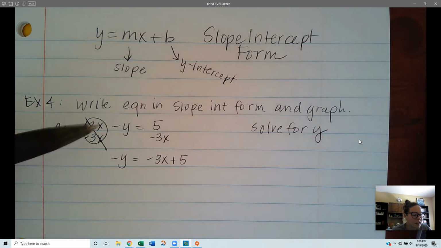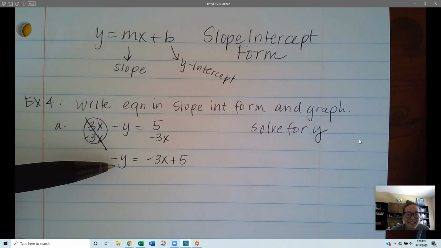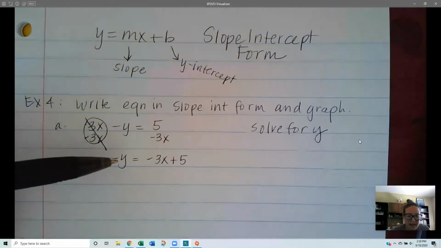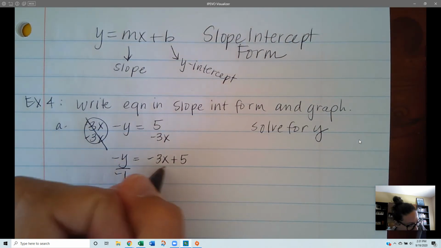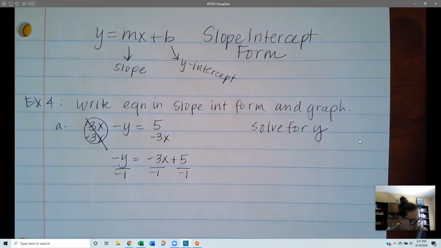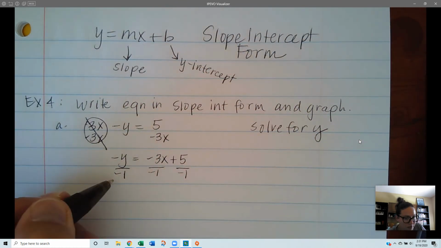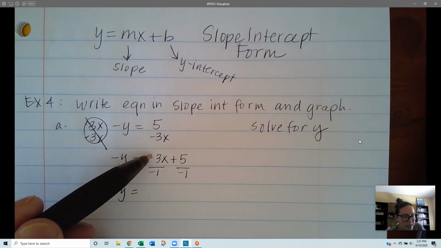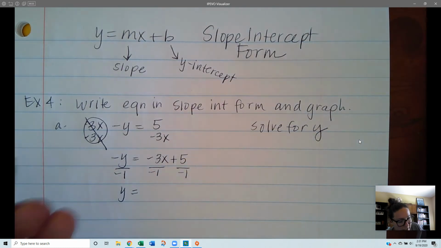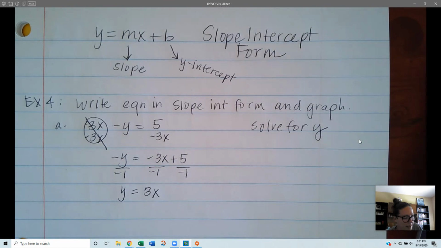So I'm going to divide everything by negative 1. Negative over negative makes that now a positive y. Same thing here. Negative 3 divided by negative 1 is positive 3x. And that gives me a minus 5. Now that is in slope-intercept form. So there's my slope-intercept form. And now I can graph.